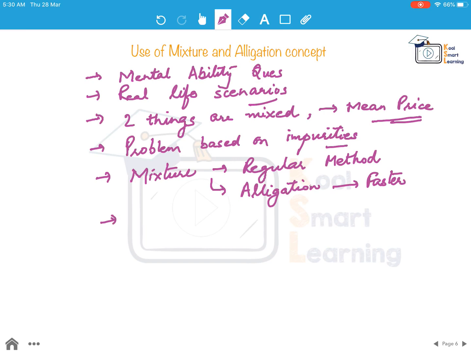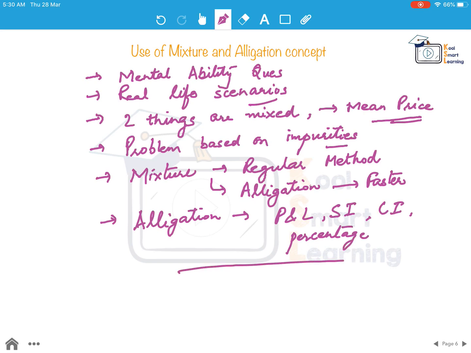And this alligation rule is also used to solve problems like profit and loss, simple interest, compound interest, percentage also. So these kind of problems are also solved using the alligation method.